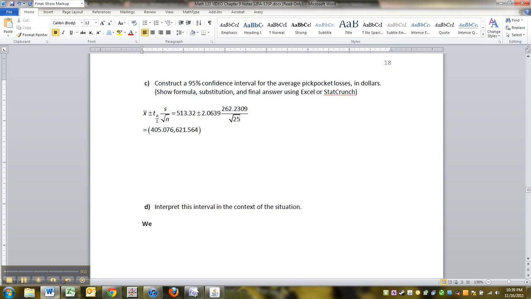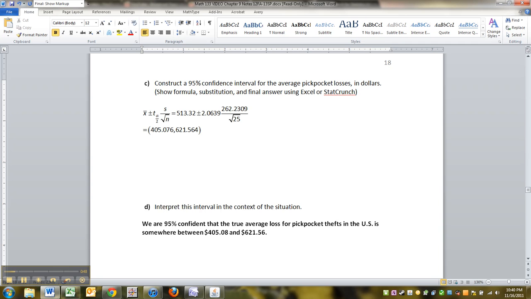So we have to say we are 95% confident that the true average loss for pickpocket thefts, I should say, in the US is somewhere between $405.08 and $621.56. Now notice, again, I reiterate that we're not talking about a probability here.